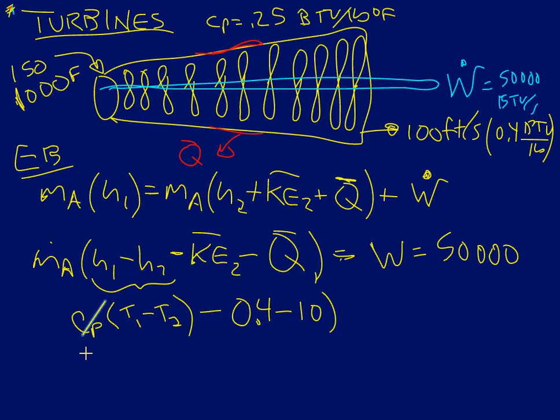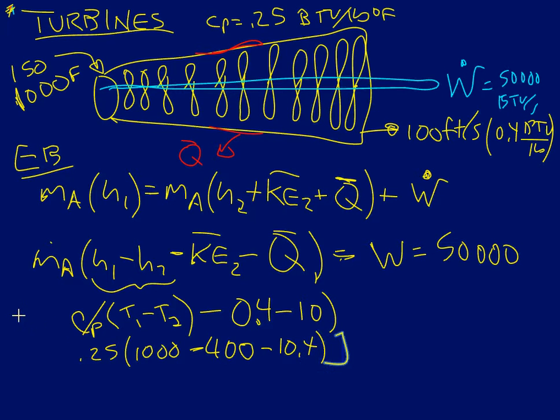Cp will take to be 0.25 over that temperature range for air. That's about right. T1 is 1,000. T2 is 400. Minus 10.4. All that comes out to the 25,000.